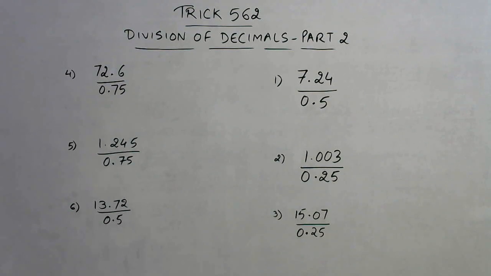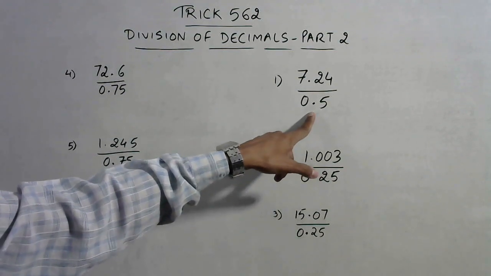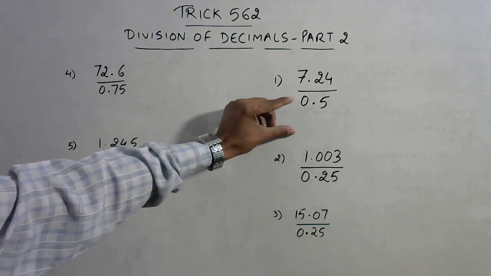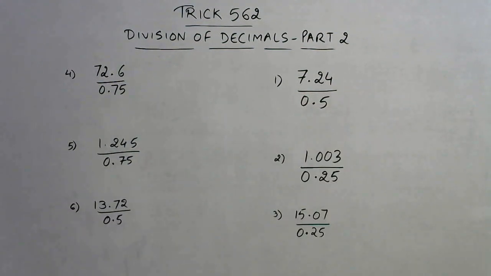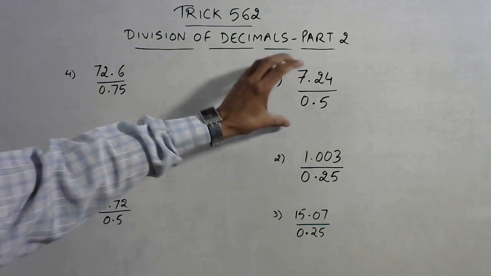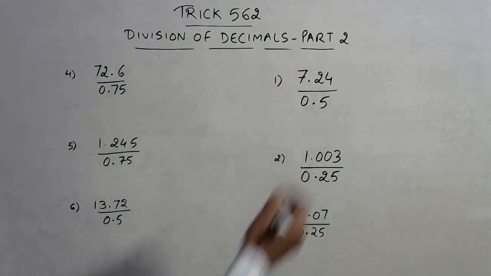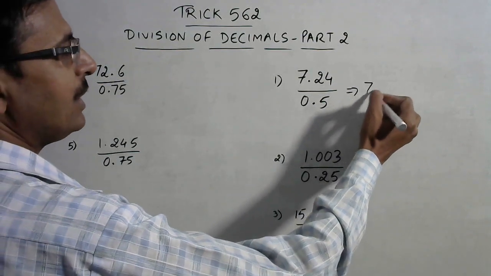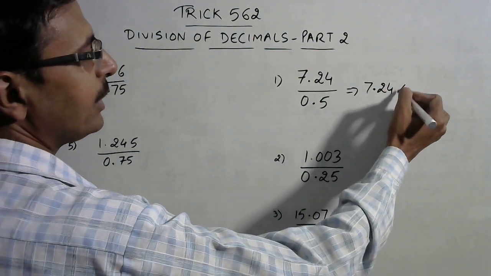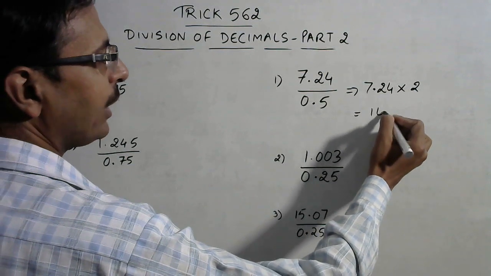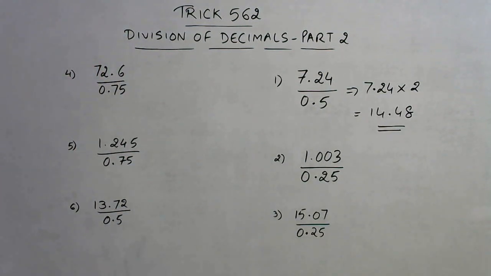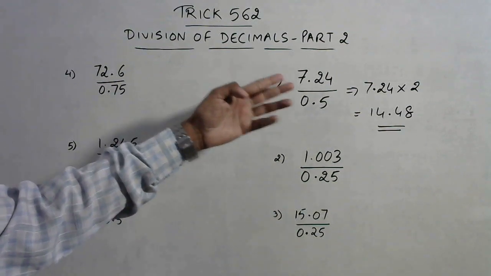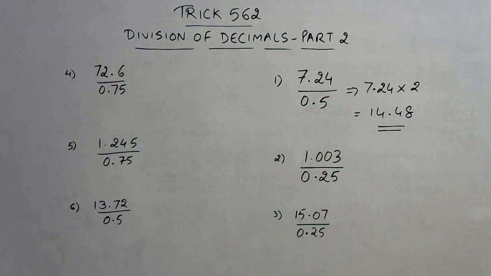Actually, 0.5 is nothing but half, and when half comes in the denominator, it becomes multiplied by 2 when it moves to the numerator. So if you see this question, you should know that the answer will be the double of the numerator, that is 14.48. So very easy. Simple division method, 7.24 into 2 gives you 14.48.